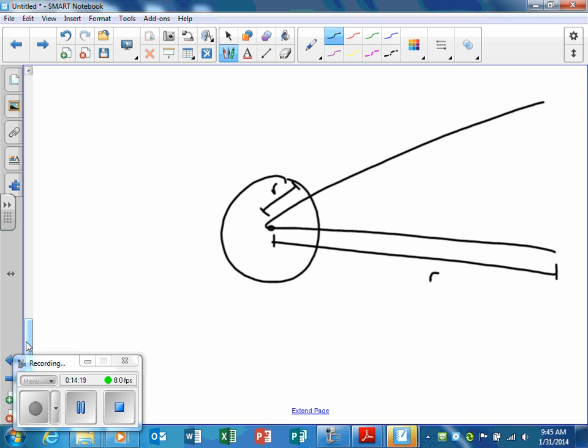But what I do want you to find today is a formula for tangential velocity in terms of angular velocity and radius. Because I know I'm going to have 2 different radii, here and here.